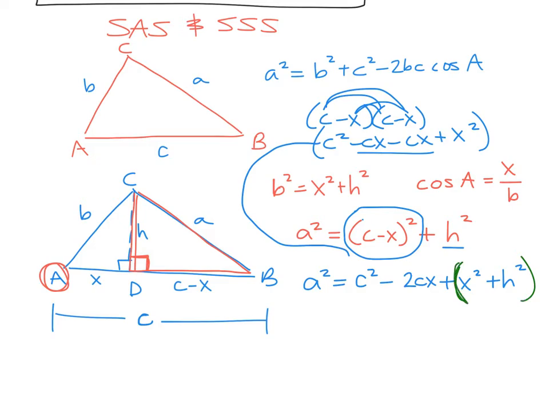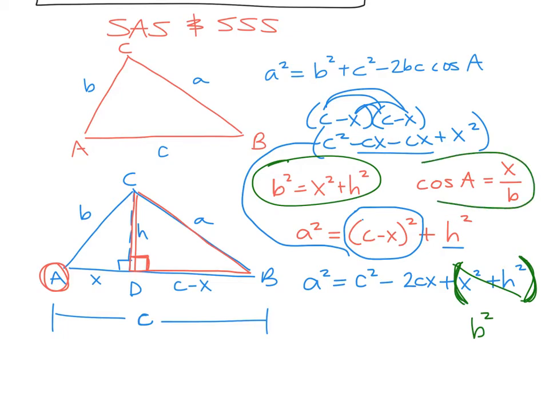Where do you see x squared plus h squared in what we've done? b squared, right? That's this. So I can take this out and put in b squared. Okay? Then we're going to solve what we started with for x.